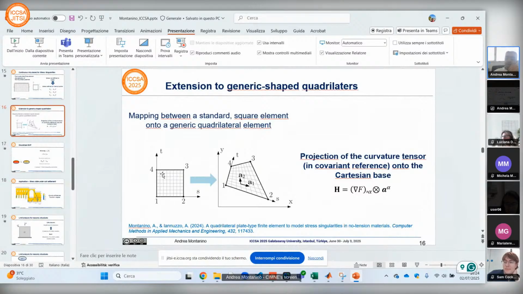So you make the calculation in a parent element and then you transport it onto the real geometry, like what happens in standard isoparametric elements. The problem is that in standard isoparametric elements, you don't need to compute the curvature, while in this case you need to do it. And so the development of this is a little bit more complicated, but you manage it with the same philosophy of isoparametric elements. Makes sense. Thank you very much.